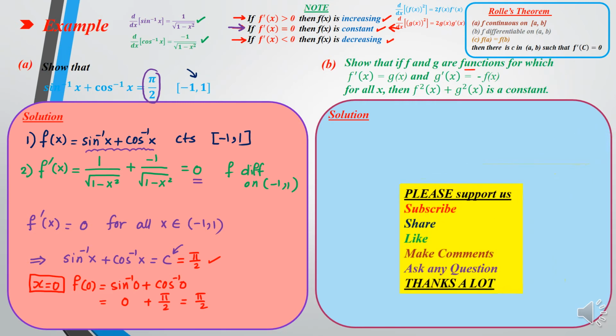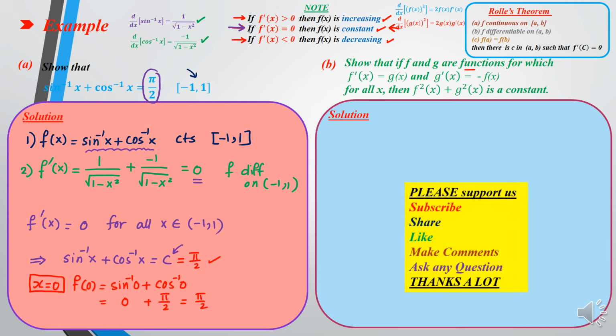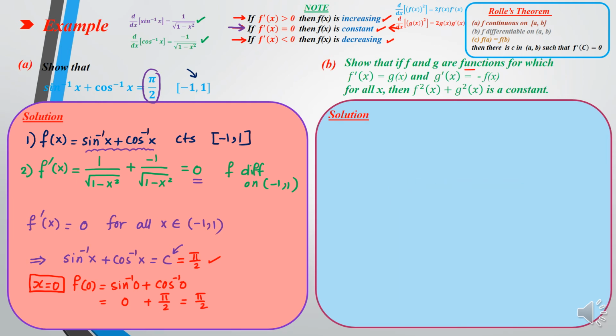So you have to prove that the derivative of this function is 0. First, you have to check the continuity and differentiability of the given function. So the function we have is f squared of x plus g squared of x. This function is continuous since f prime exists and g prime exists for all x. So this function is continuous everywhere from the given conditions in the question.